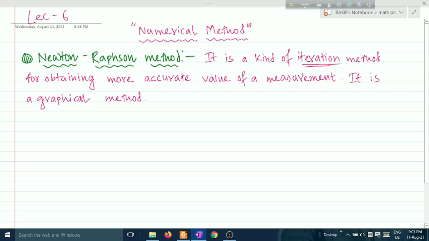Iteration is an English word which means repetition.